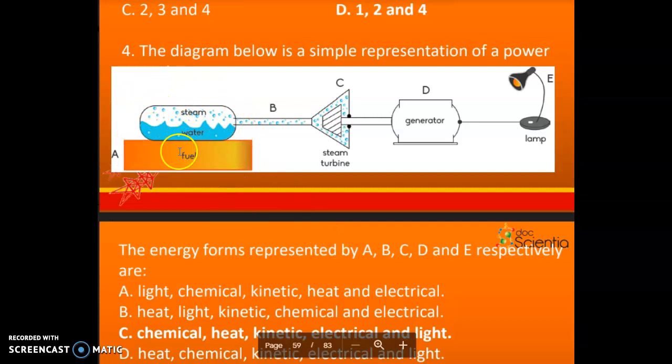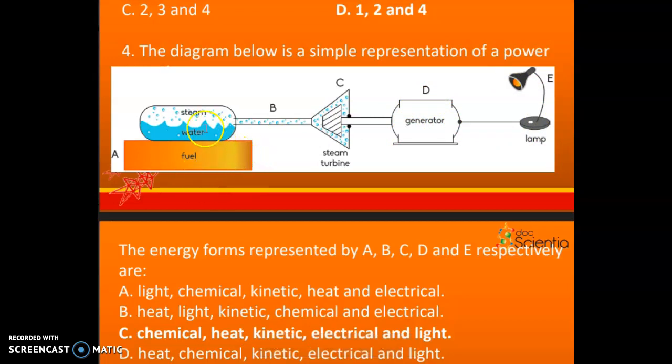So if you look at the picture here, this would be chemical, and that becomes heat when it's heated. Then it moves to kinetic, then it becomes electric, and then it becomes light.